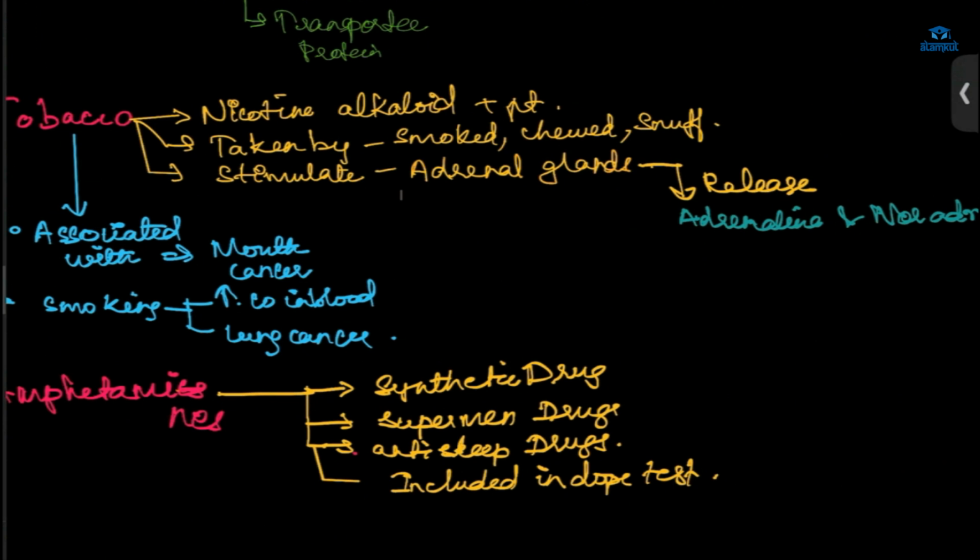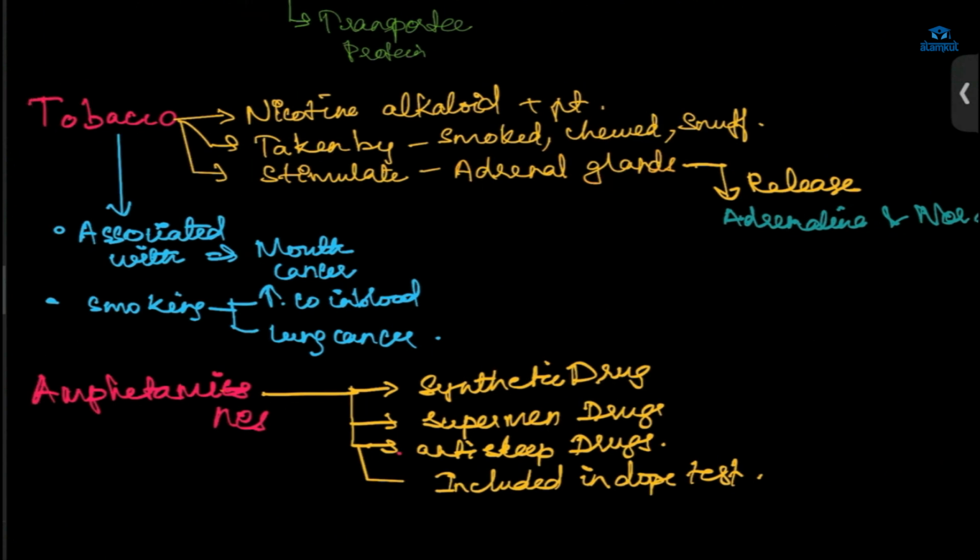This happens naturally. And this tobacco stimulates the adrenal gland to produce adrenaline, which is not natural. That's why we should not take tobacco.